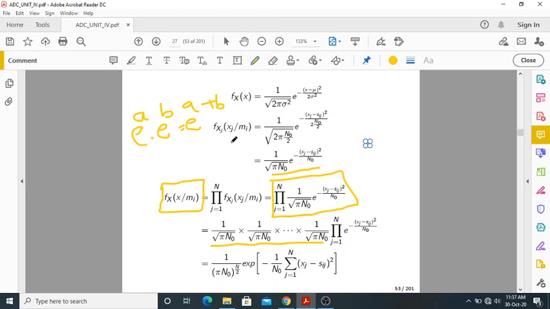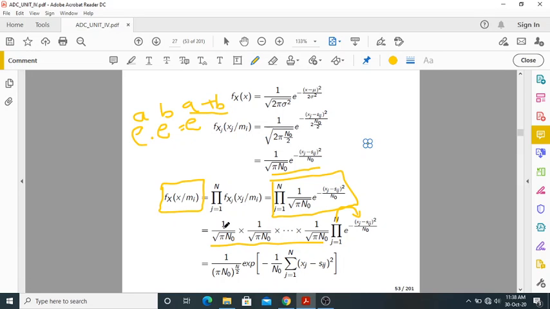Now if I take this product inside the exponent, it becomes a summation. Why? Because e power a into e power b is nothing but e power a plus b. Here these two are multiplied, here these two are added. In the same way, if I take this product into the exponent, it becomes summation.